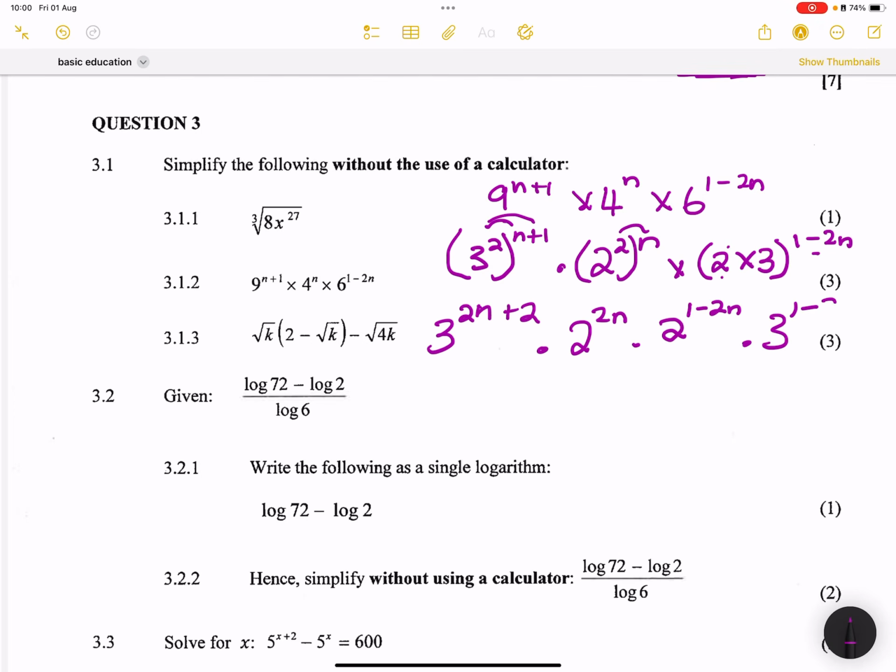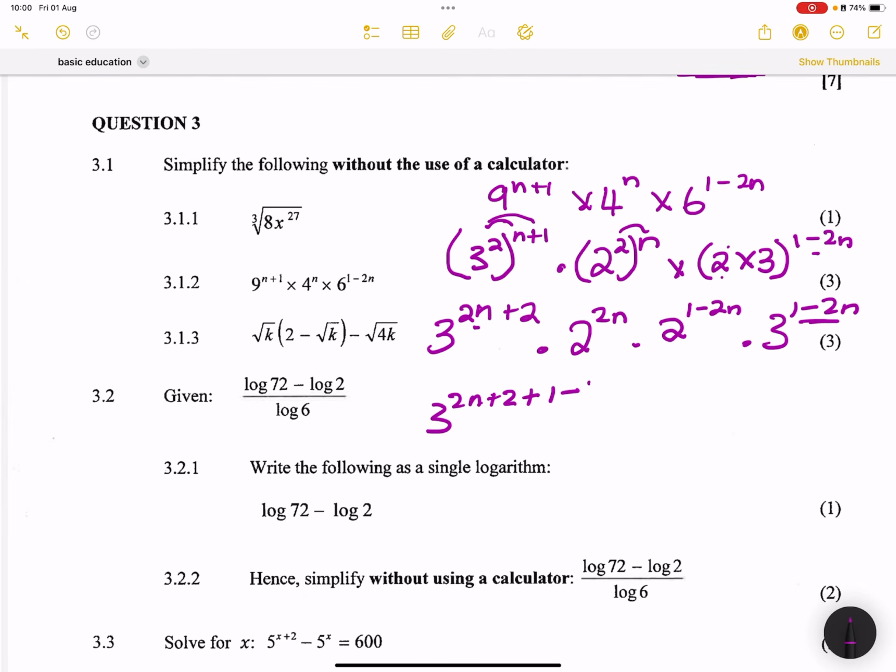And all that we're left with is to take all the bases that are the same. We are multiplying, so we're going to add the exponents. So we're going to have base 3. We've got 2n plus 2 plus 1 minus 2n.